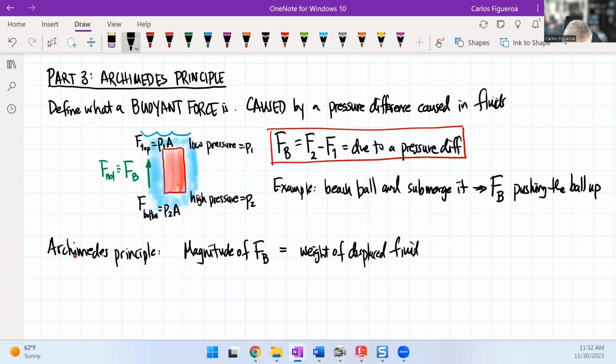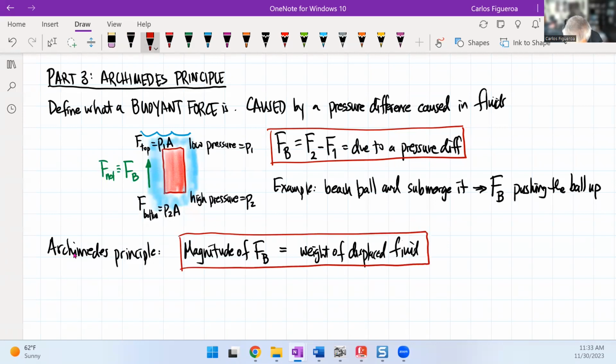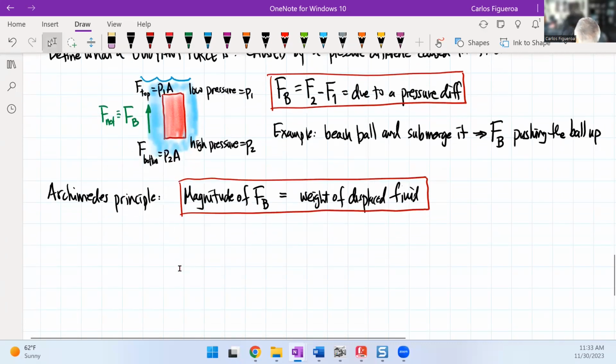So if you can measure the weight of the displaced fluid, you have a way of predicting what that buoyant force is.